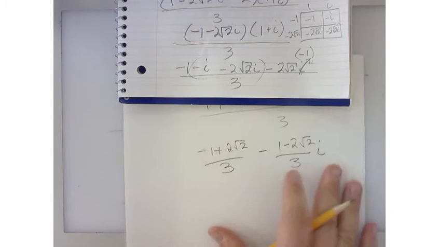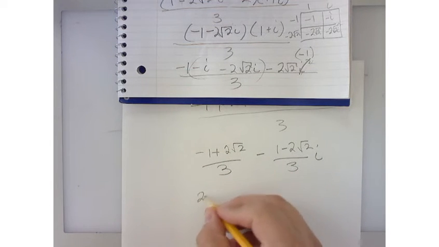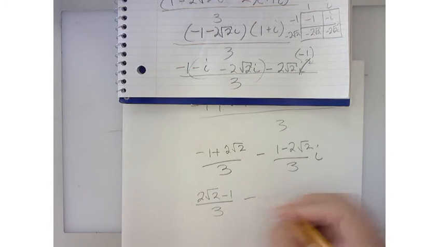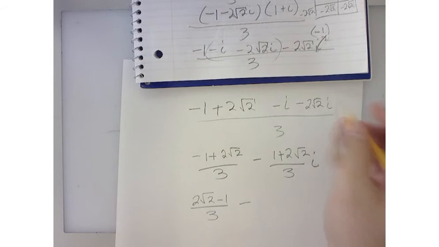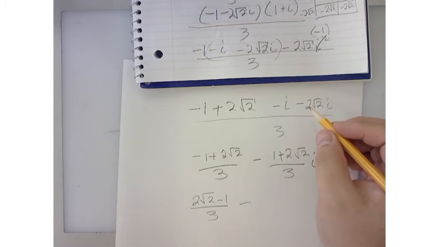Now the answer in the back of the book is the same thing, they just write it a little different. They say 2 root 2 minus 1 over 3 minus, oh no, somewhere I made a mistake, this should be plus, right? That should be plus. Yeah, that should be positive. Where did I miss that?